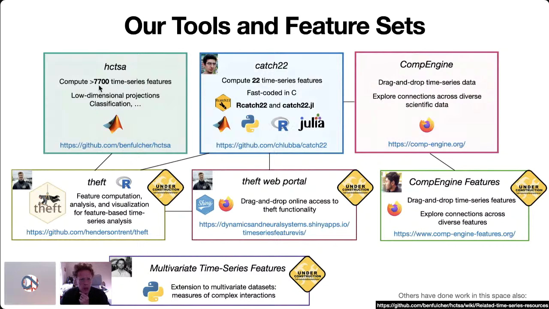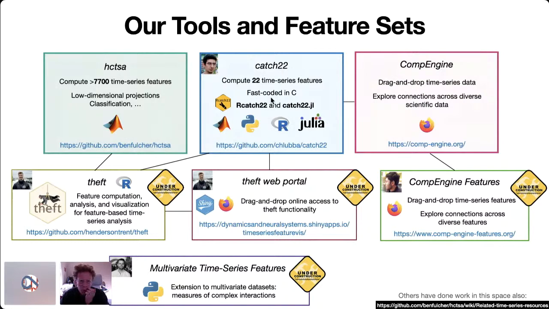And on top of computing all those features, it also has analytic functions and visualization for looking at low-dimensional projections, finding the best features, classifying your data. All of that functionality is there. Since then, we've been working on a lot of other open tools. I mean, this is free, but it does require a MATLAB license.